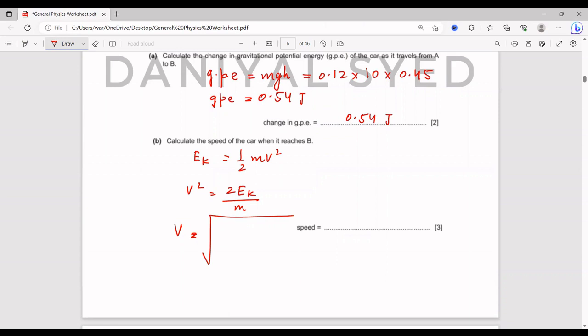Under root, we place the values: 2 times 0.54 divided by the mass, 0.12. The final answer is 3.0 meter per second.